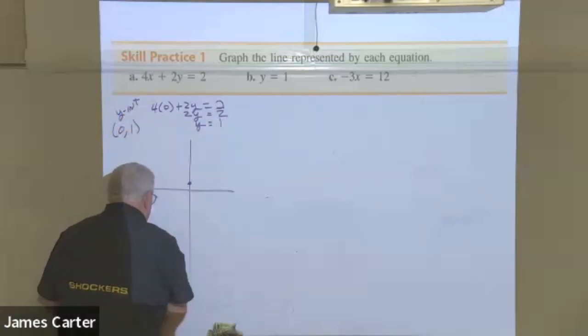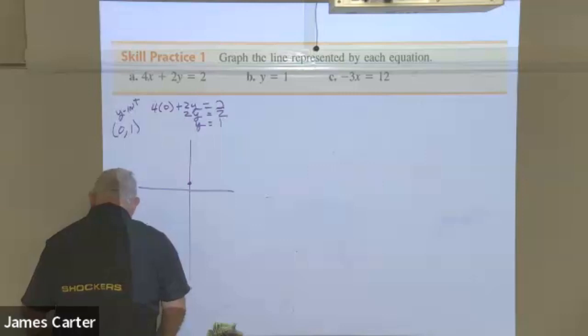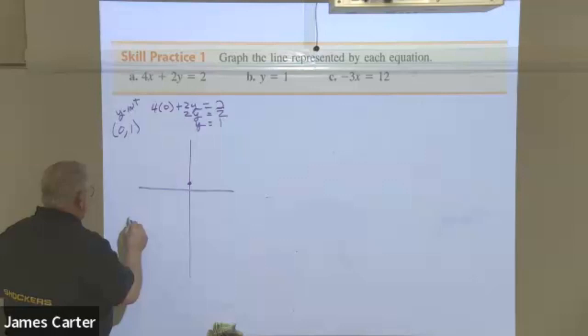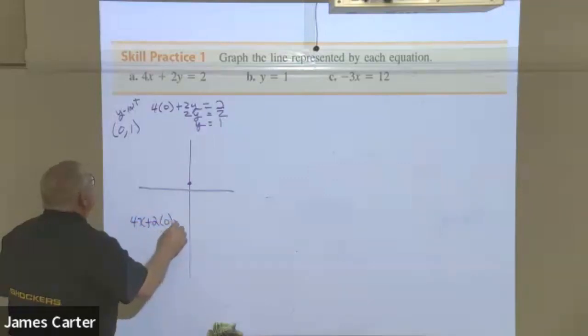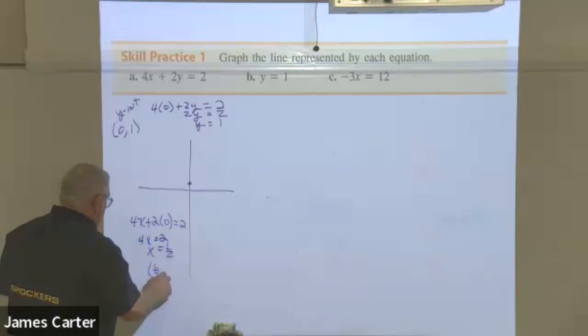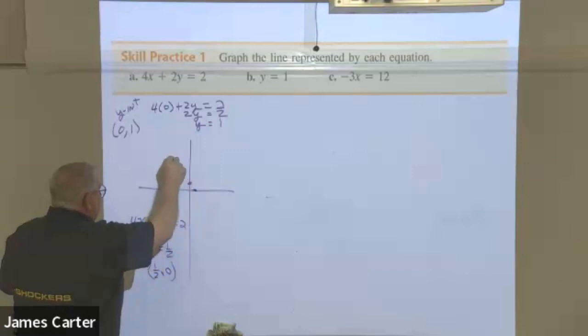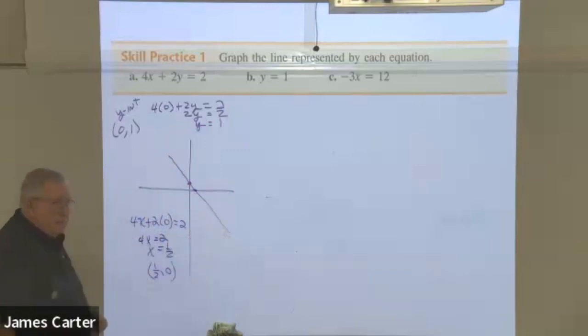Now, let me graph the x-intercept. For x plus 2 times 0 equals 2, so x equals 2, x equals 1/2, gives me the point (1/2, 0). Okay, so (1/2, 0) right there. And here is that line.